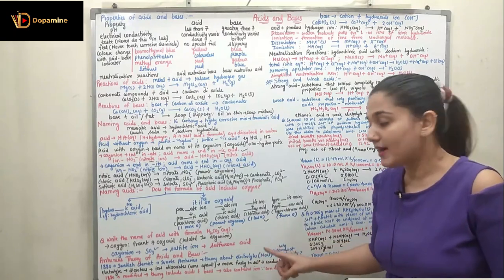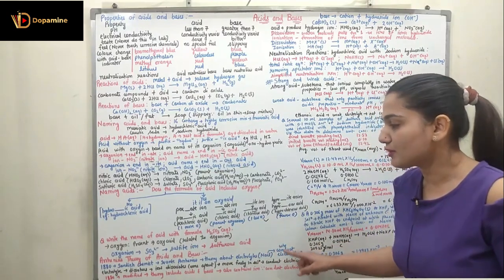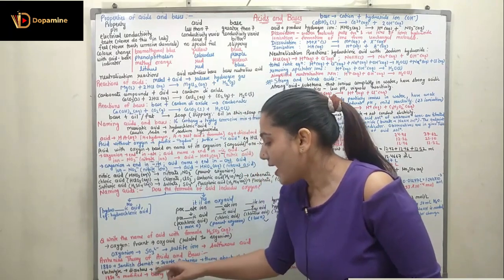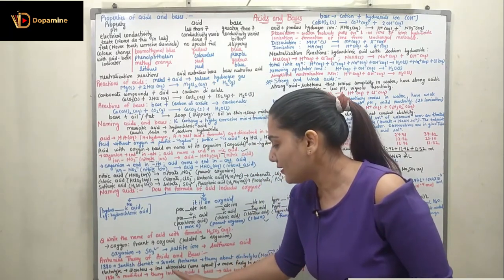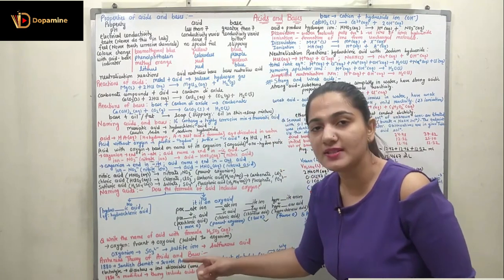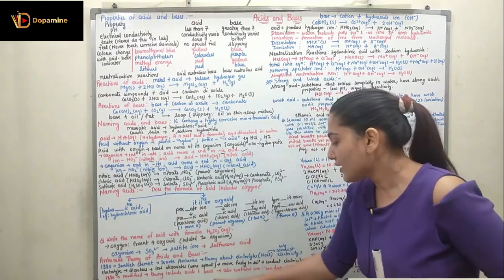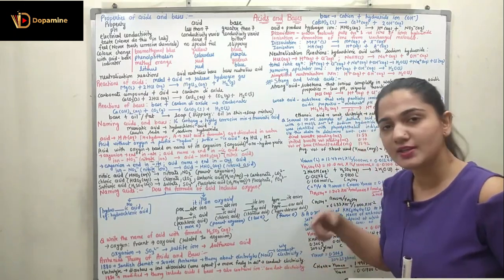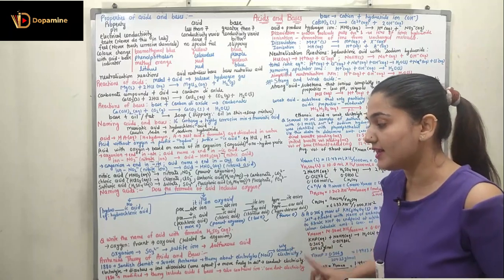This theory explained why electrolytes conduct electricity. The electrolyte gets dissolved, and when dissolved, the ions dissociate, which means the ions come apart and move freely in the solution. When the ions move freely in the solution, they conduct electricity.